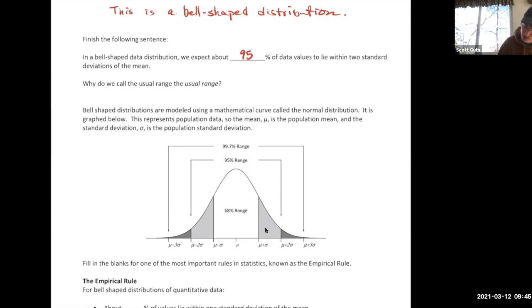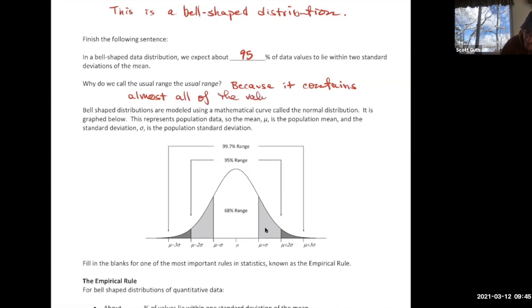Or if it's a rectangle or whatever. Anyway, why do we call it the usual range? Because it contains almost all of the values. Of course, it only contains 95% generally.